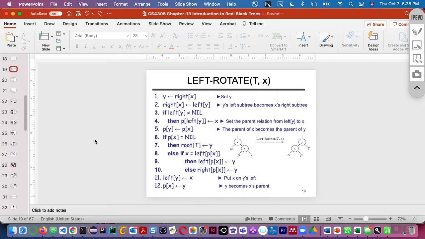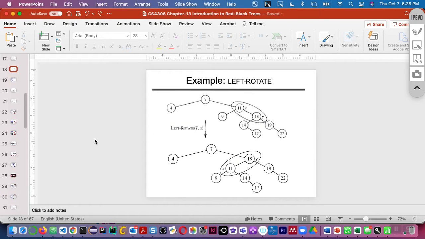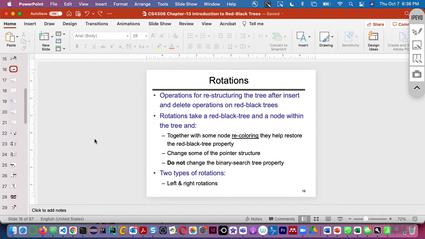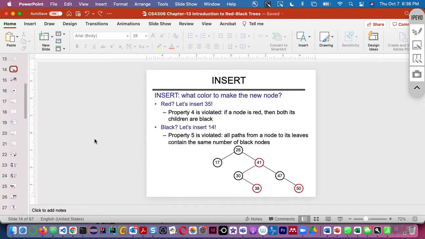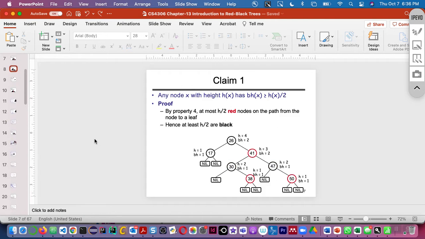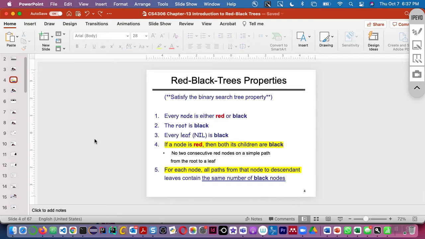So it always maintains all properties of a BST, and additionally there are some other properties of its own. There are 5 properties that we discussed. Let us recall quickly.